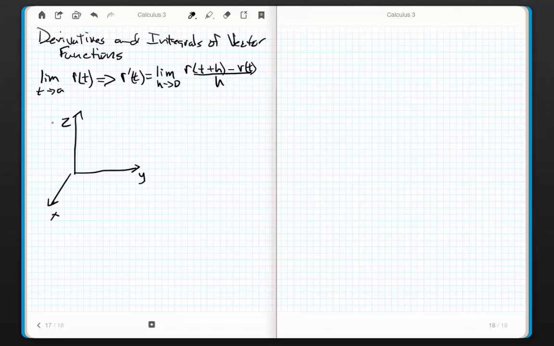All right, so what we have is a curve passing through space. So here comes my curve through space. By the way, I think I neglected to mention this in the last video.